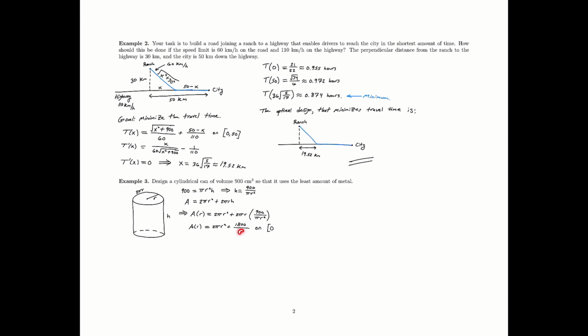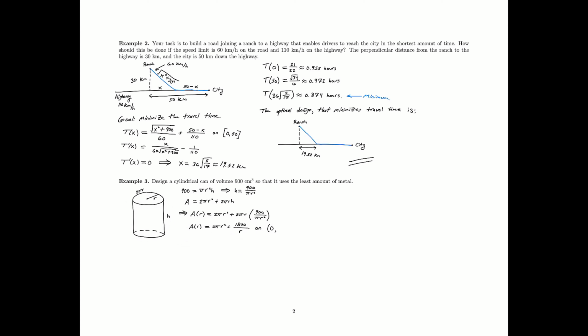But because we have an r in the denominator, that means we can plug in values as close to 0 as we want, but not actually 0. So here, this is where we get to see an example of our first non-closed interval. So we can't include 0.